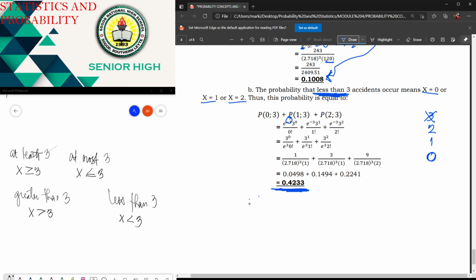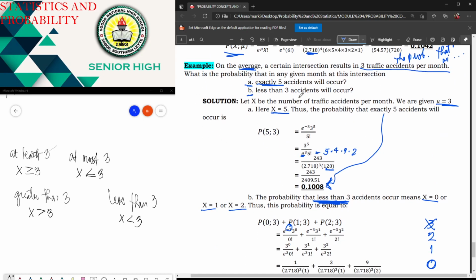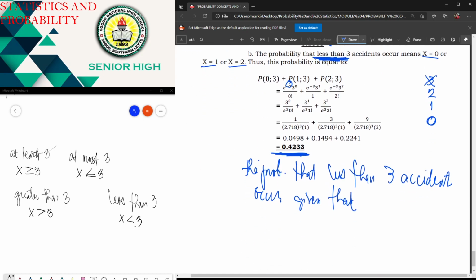Okay, so please take note, do not forget to put the interpretation, ha? The probability that less than 3 accidents occur, given that, go back to the problem, given that a certain intersection, yes, we are going to go back to the problem because it is not the same if the average is different.